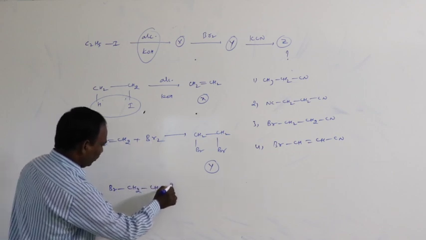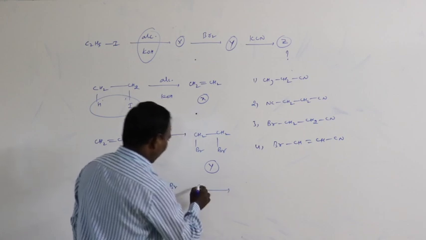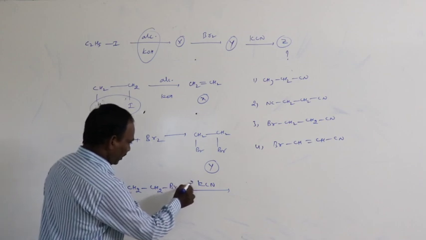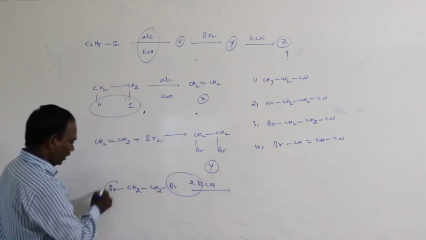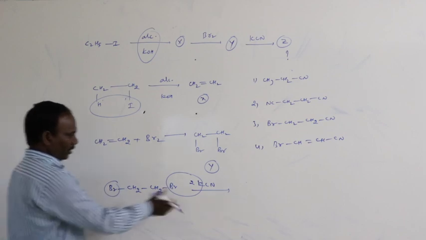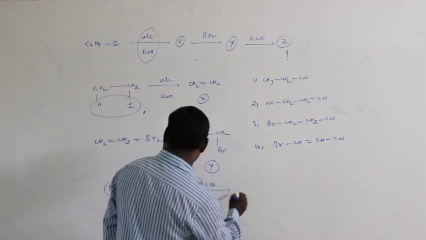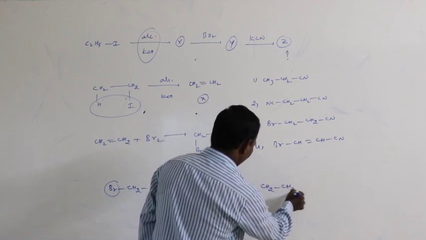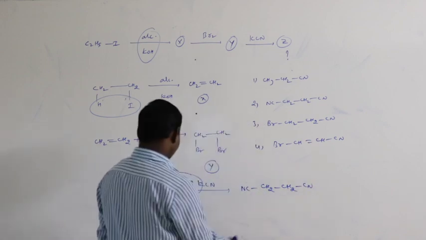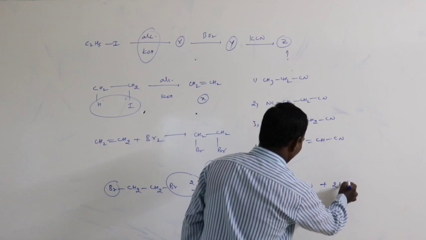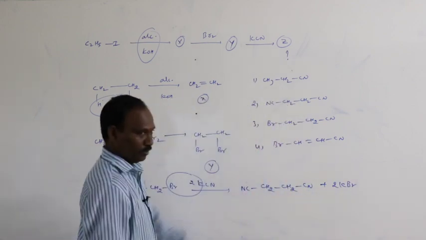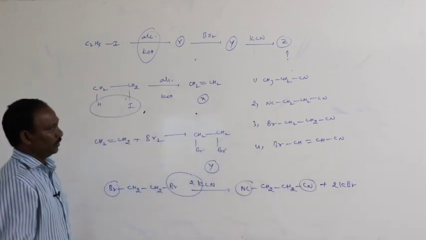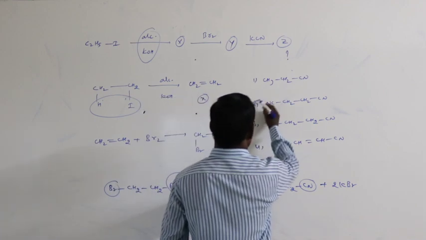Here 2 moles of potassium cyanide is added, with removal of bromine. Two sides cyanide is attached. Therefore, the compound is CN-CH2-CH2-CN plus 2 moles of KBr, dicyanoethane. So now the answer is second option.